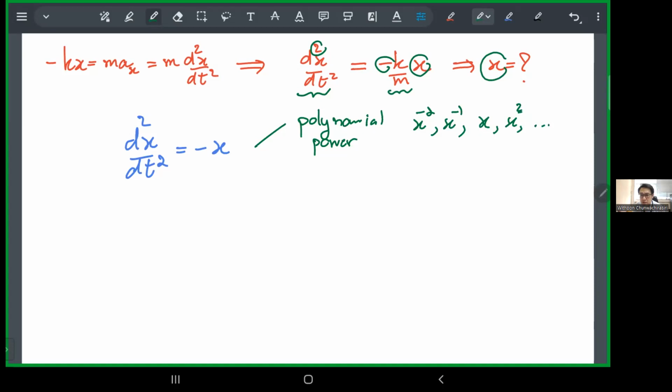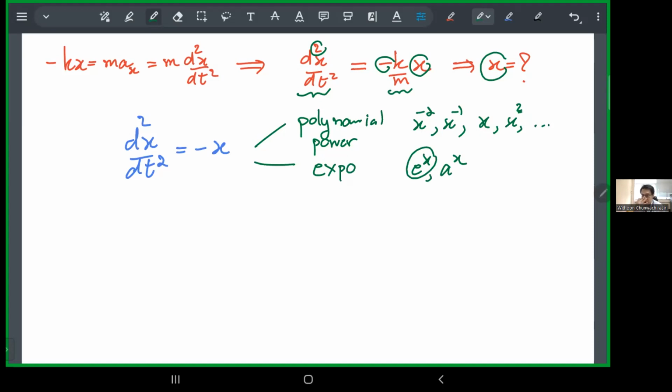It won't get you back the original x. Another kind of function is exponential, e to the x. Well, e to the x or a to the x type almost work, but everyone knows if you differentiate e to the x, you get back the original without the negative sign. You guys with me now?